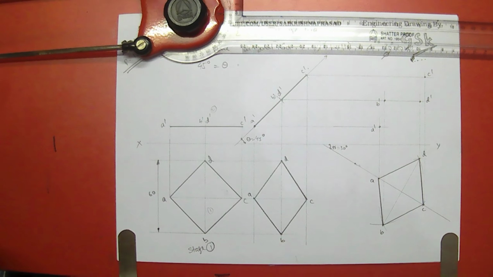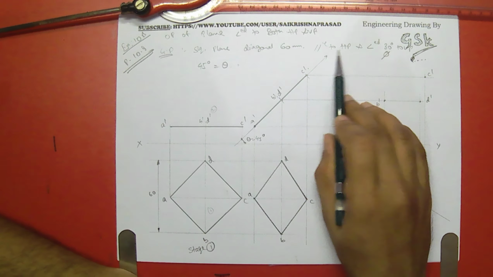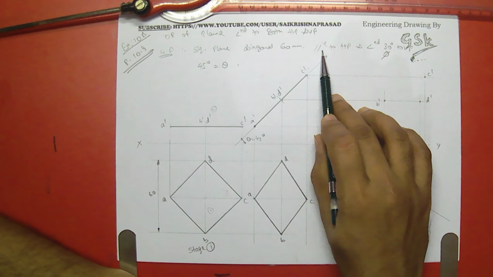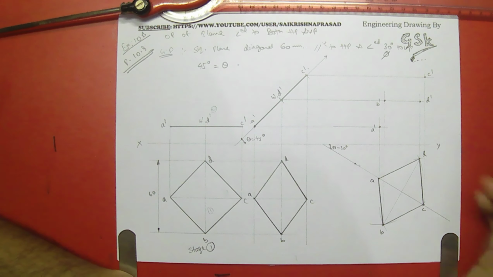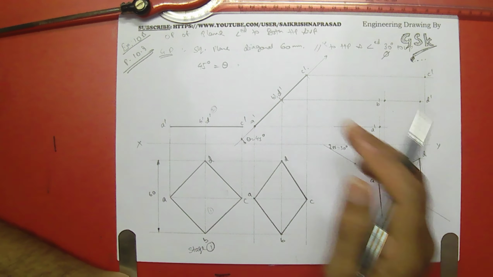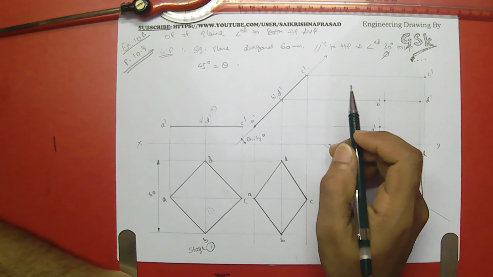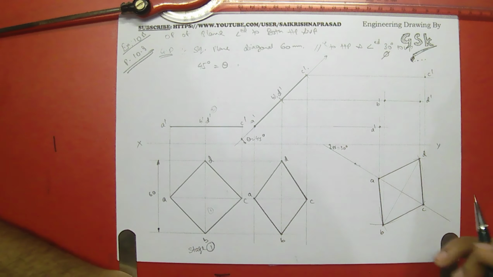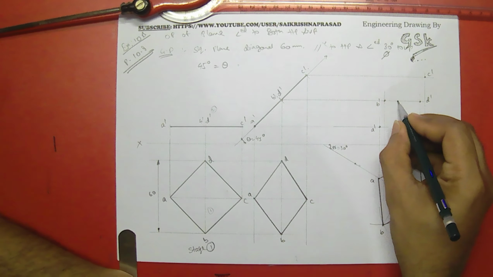Now in the question it is given that the square plane of diagonal 60 has a diagonal parallel to HP and inclined at 30 degrees to the VP. See here, this diagonal is inclined at 30 degrees to the VP and that is parallel to the HP. So this is parallel to the HP and this is falling over here.